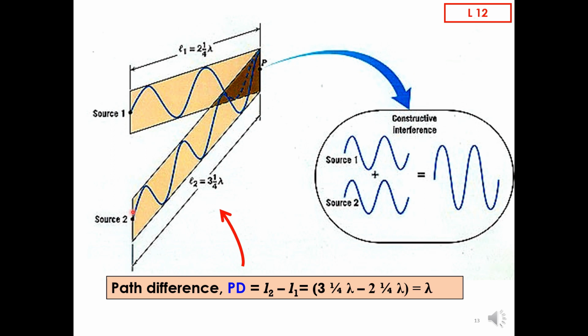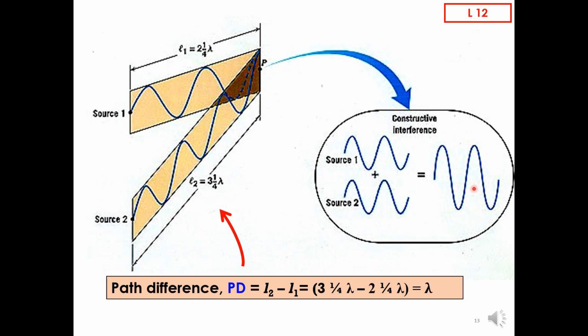For the source 2, 1 lambda, 2 lambda, okay, 3 lambda, and a quarter. Okay, so determine the path difference for this shape. Source 1 minus source 2, or here source 2 minus source 1, 3 and a quarter lambda minus 2 and a quarter lambda. So the answer is lambda.